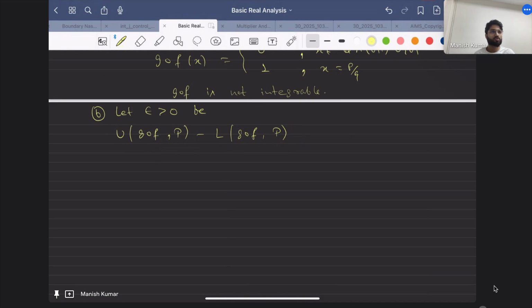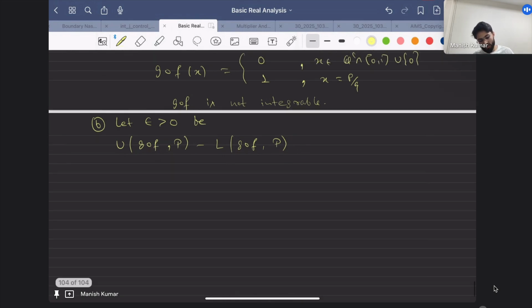There are two ways to define Riemann integration. If you go by Darboux sums, then you have to assume f is bounded. But if you define it as the limit of the summation of f of s_k times (x_{k+1} minus x_k), where s_k is any point in the subinterval, this is another way of defining the Riemann sum.